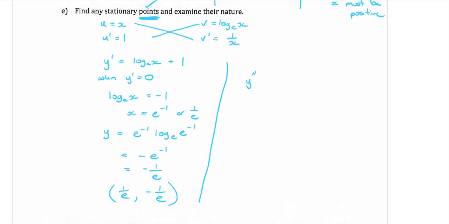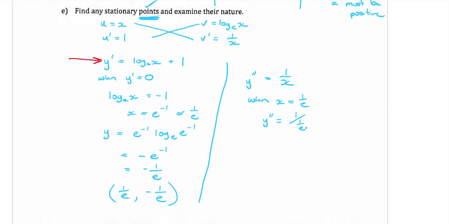Remember my first derivative is right here, y dash. There it is. So differentiating log e of x, you get 1 over x. The 1, gone. So there's my second derivative. All I have to do is sub in that x is equal to 1 over e. So my y double dash would be 1 over 1 over e.